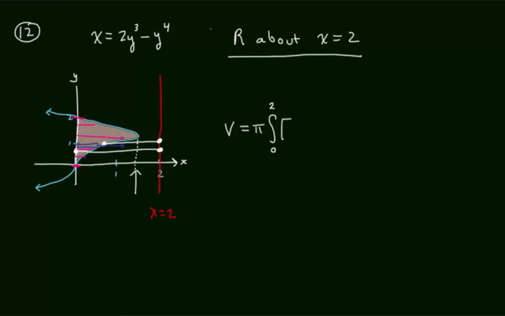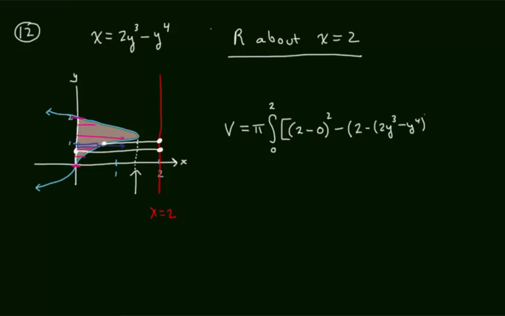Now I'm ready for the outer and inner radius. The outer radius is going to be 2 minus, and you could say 2 minus 0 because x equals 0 for the y-axis, and we're going to square the outer radius. Now I'm going to find the inner radius, which is going to be 2 minus our quartic.